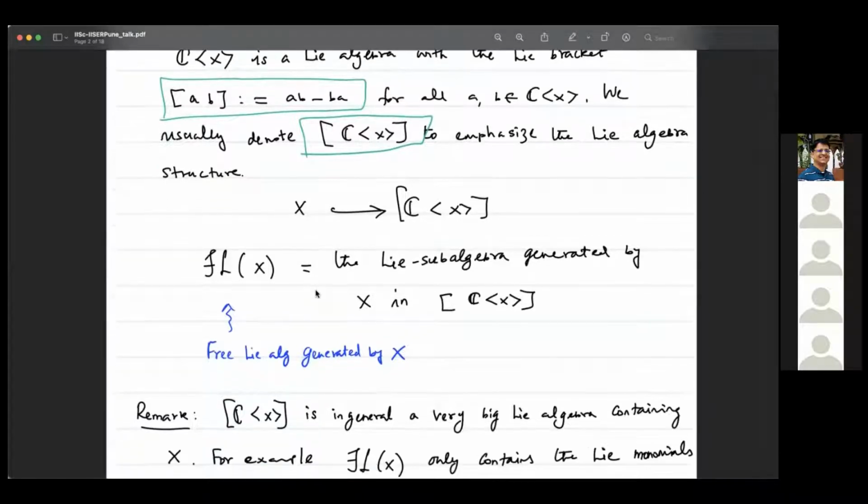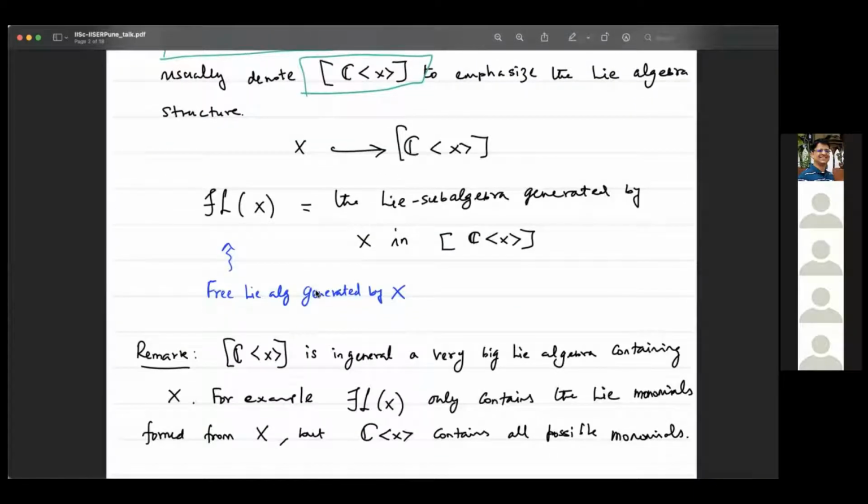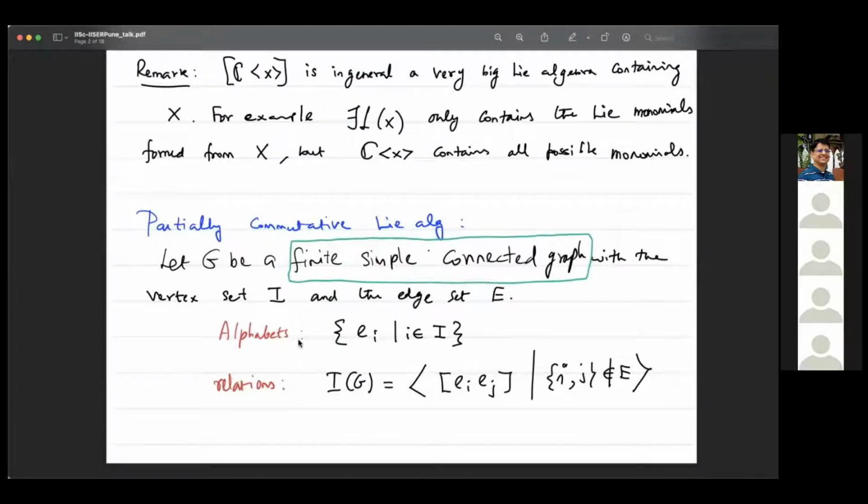Okay, so let's move on. What we are interested in is to associate some Lie algebra with a given graph G. For that, I will fix this graph G, a finite simple connected graph.